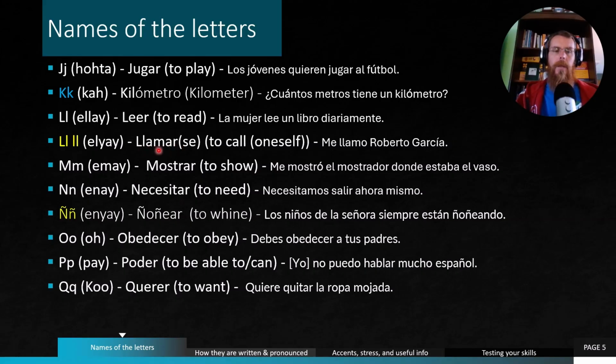But in this case, it's an ar verb, and then it has se at the end, which means that it is reflexive. And you don't have to know all this. I'm just giving you a little bit of perspective until we get to a more advanced lesson. But this is llamarse, which is a reflexive verb, which means that when you conjugate it, you're going to have to use a form of reflection because it is something that describes yourself or someone else.